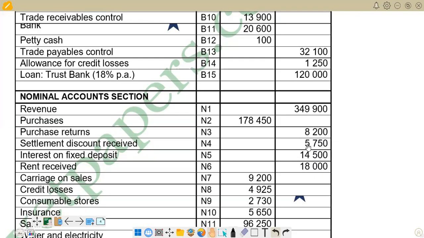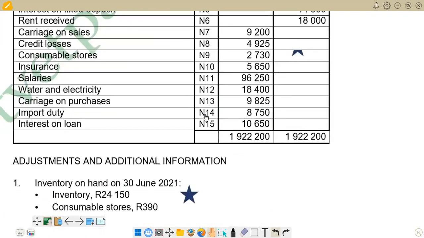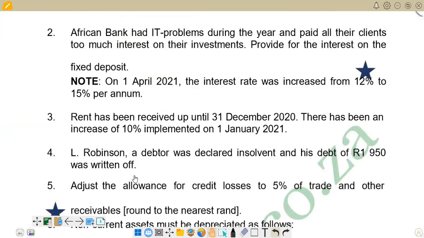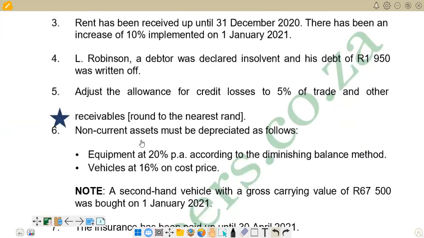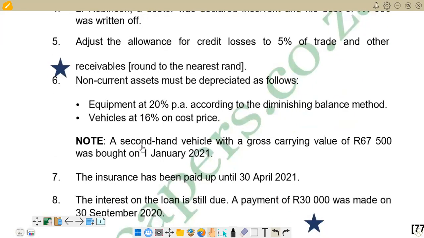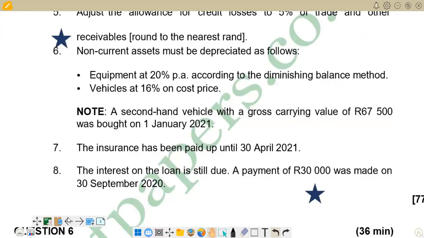With that, you can also try to look in additional information if you have got anything else affecting the purchases. You go through everything to see if you have any adjustment affecting purchases. You see that in our question, we don't have such a figure.